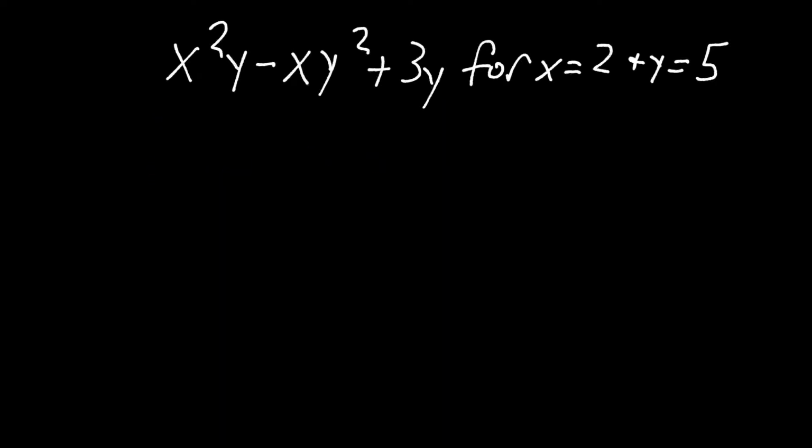Alright, here for our final example we have x squared y minus xy squared plus 3y for x equals 2 and y equals 5. So, just like we did in the previous example, we're going to replace all of our x's, this one and this one, with 2, and all of our y's with 5. Now, the thing we have to be careful of, though, is the exponents.